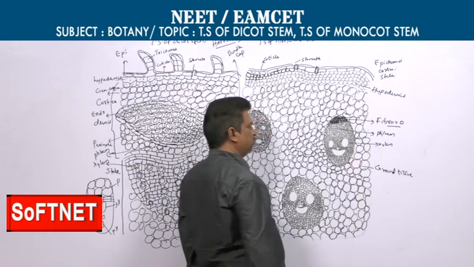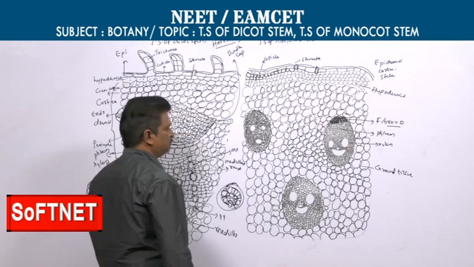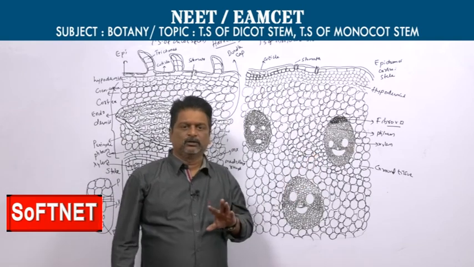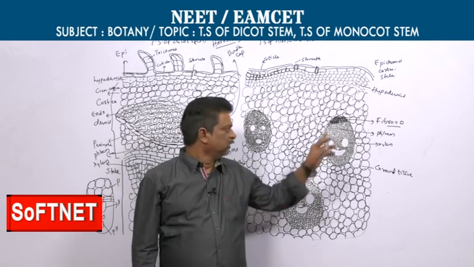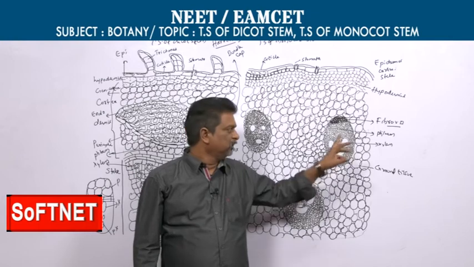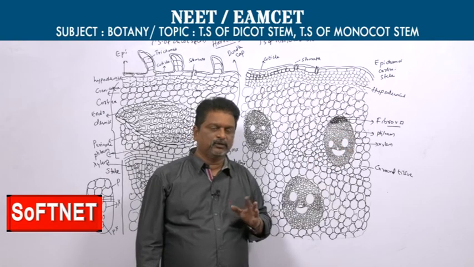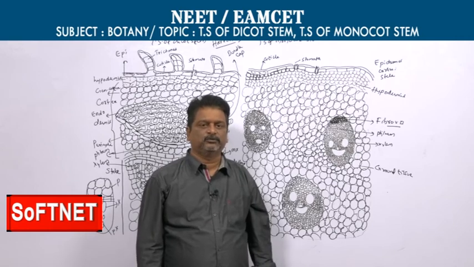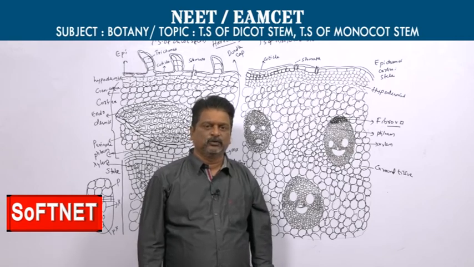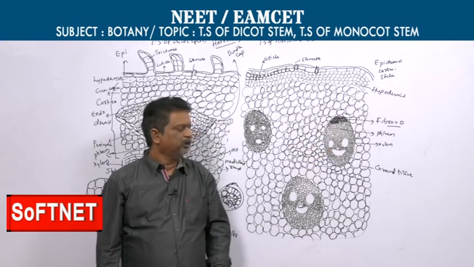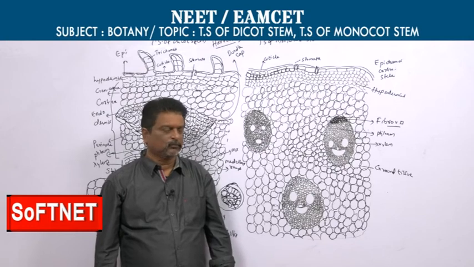So, phloem and xylem are both present on the same radius, so it is called collateral vascular bundles. Phloem and xylem are joined, called conjoint. But here the joining is direct because there is no cambium, so rightly called closed type. So, in monocot stem, vascular bundles are collateral, conjoint, and closed.